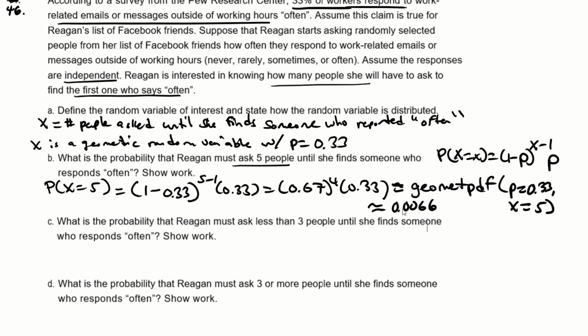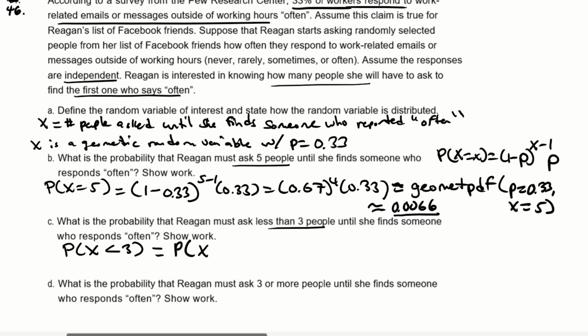Okay. Now, what's the probability that Reagan must ask less than 3 people until she finds someone? So the probability that X is less than 3 is the same thing as the probability that X is less than or equal to 2.